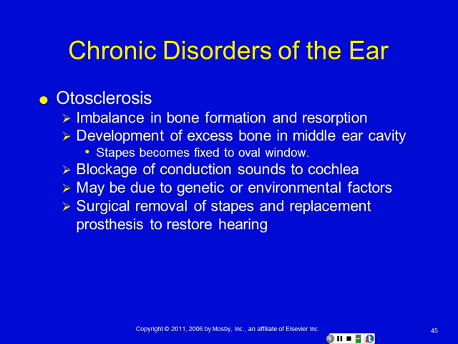As that happens, the stapes, which connects to the oval window, and the oval window is the entry to the cochlea where hearing actually happens, instead of being able to move against that, it gets locked to it. So now if it can't move, it can't send sound energy into the cochlea, so the hearing deficit develops.